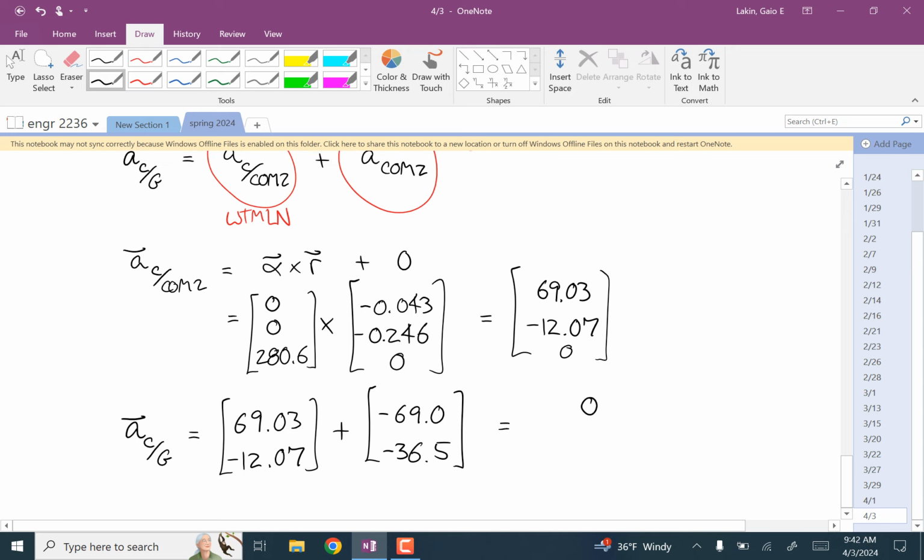And you get 0 for x, basically, if you round it off, and then negative 48.6. And does that make sense with the joint constraint that we have there? Yeah, we required that it doesn't have any horizontal acceleration, and that's what we got within round-off error. If you want to eliminate round-off error, just keep more decimal places. Any questions about that?